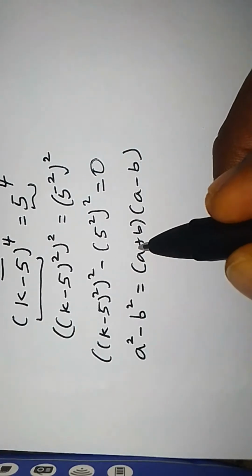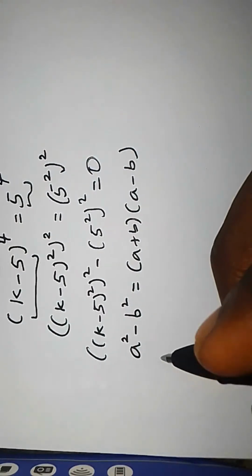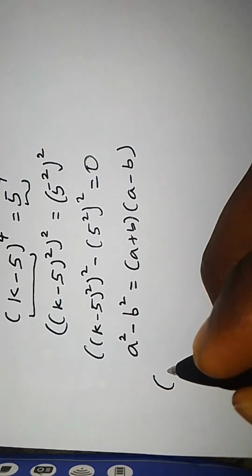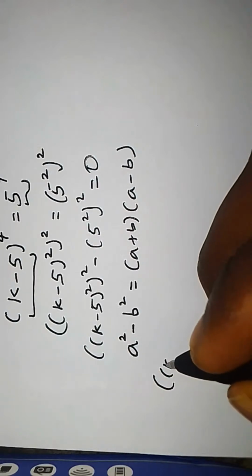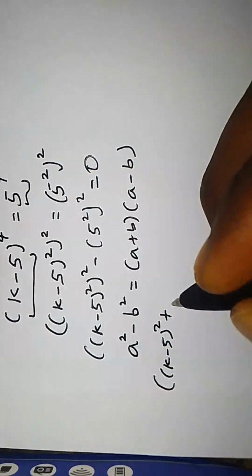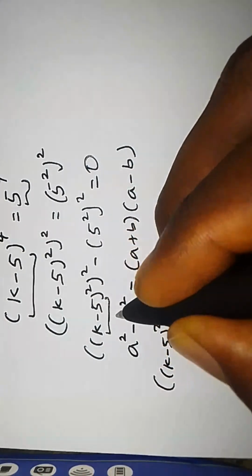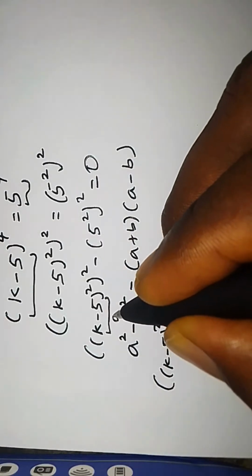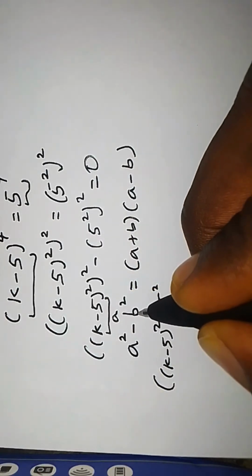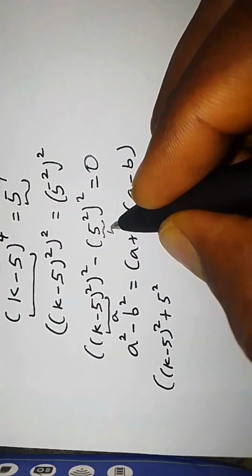Using this identity, we're going to have (k minus 5) all squared plus 5 squared, where (k minus 5) squared is a, and 5 squared is simply b.